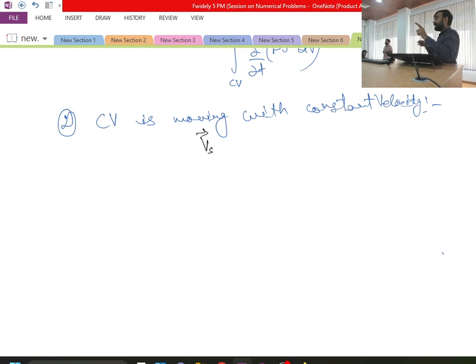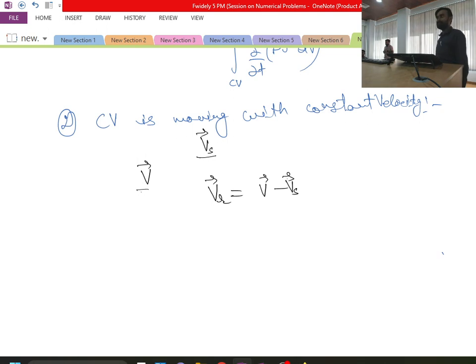Here we have to consider the frame of reference in which we are considering the fluid motion. Say V vector is the velocity of fluid. With reference to the same frame of reference in which I find the fluid velocity, Vs is the velocity of the control surface, so I can simply define the relative velocity as V vector minus Vs vector, which the boundary of the control surface will face. Is this point clear?